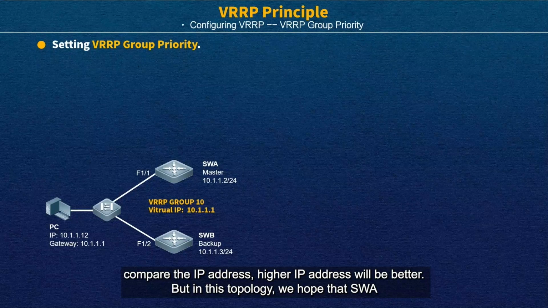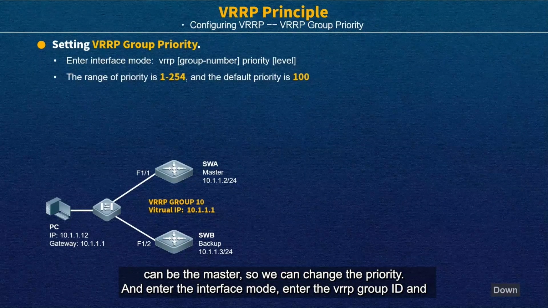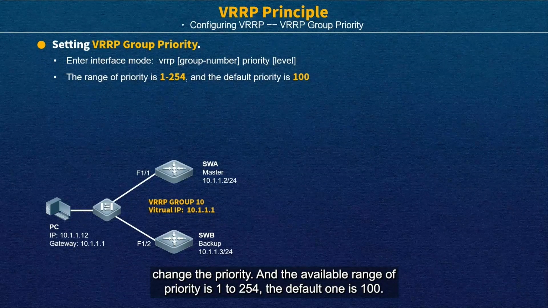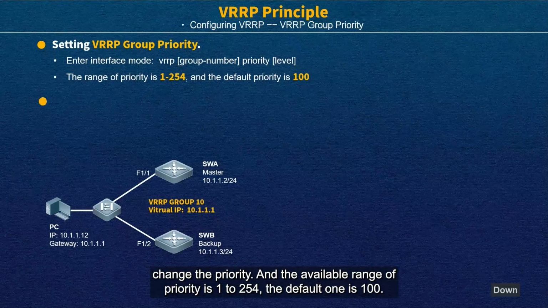But in this topology, we hope that switch A can be the master, so we change the priority. Enter interface mode, the VRRP group ID, and change the priority. The available priority range is 1 to 254, and the default is 100.